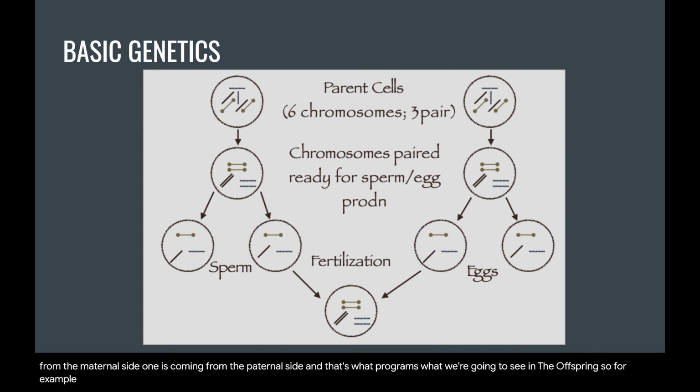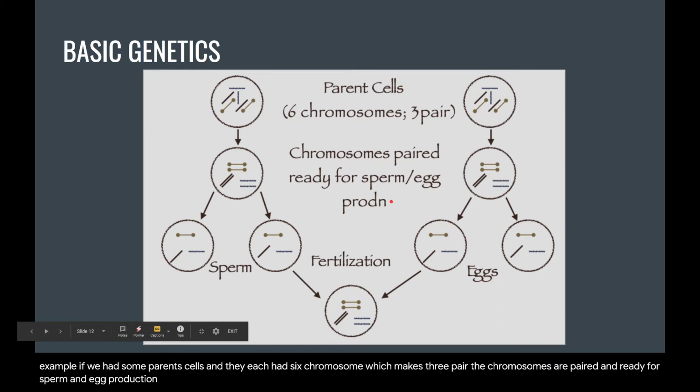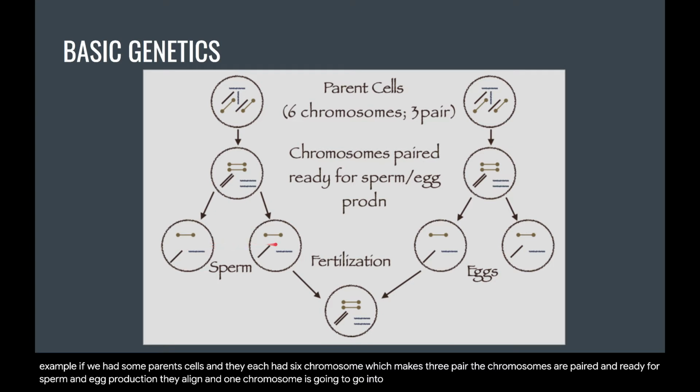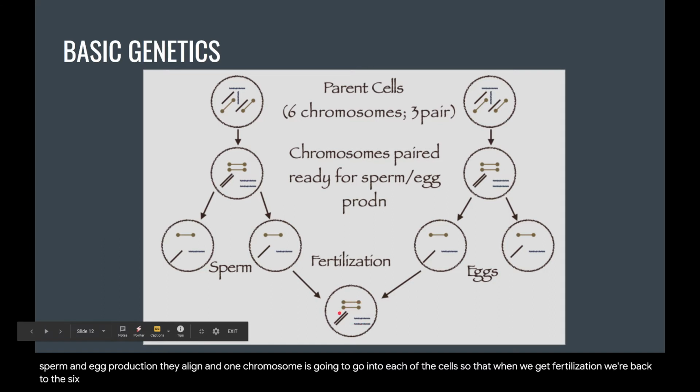So, for example, if we had some parent cells and they each had 6 chromosomes, which makes 3 pair, the chromosomes are paired and ready for sperm and egg production. They align, and one chromosome is going to go into each of the cells, so that when we get fertilization, we're back to the 6 chromosomes in our example, or 3 pair.